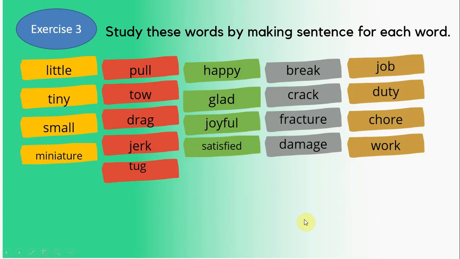Another example, let's see the brown color here. It's about job, but it has different words to show. You have duty, chore, work. Maybe you are familiar with chore, right? Chore is a job for family members to take care of the house.